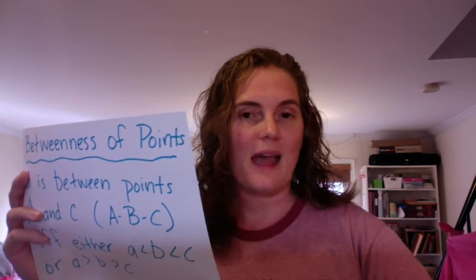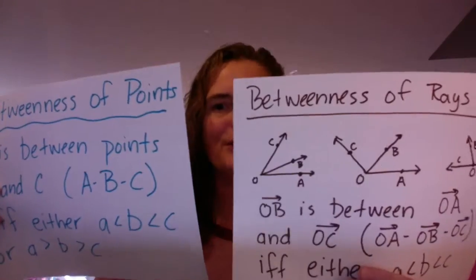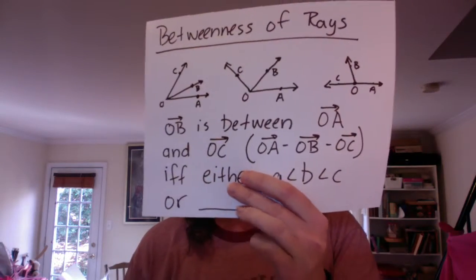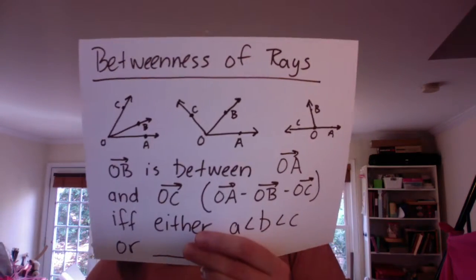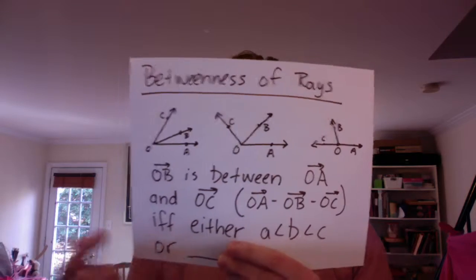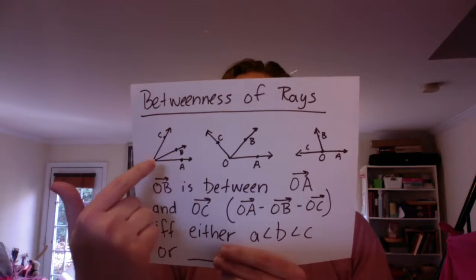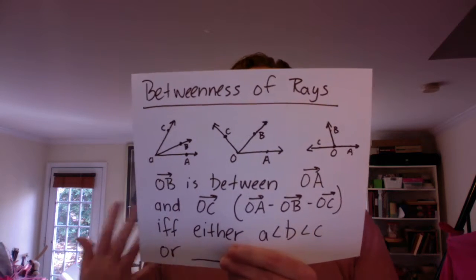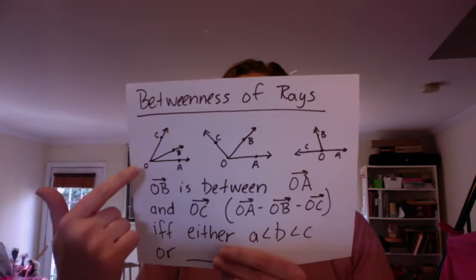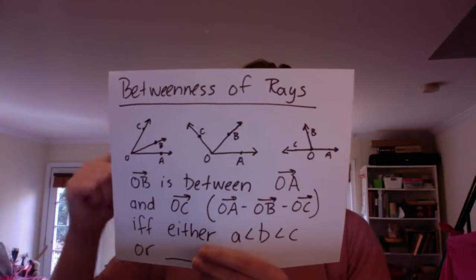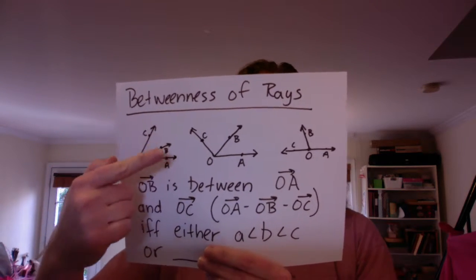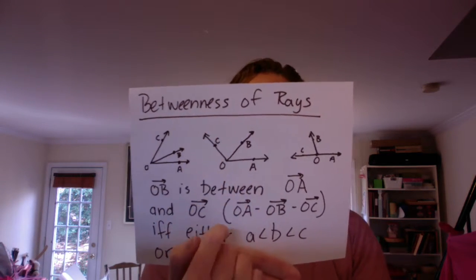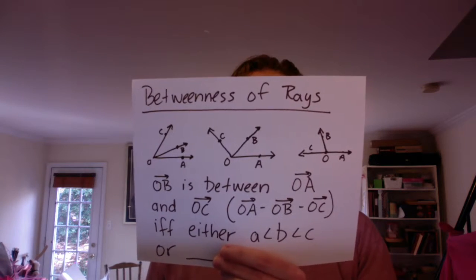In this section, we have almost the exact thing having to do with rays, the betweenness of rays, and I've drawn some pictures so that you can see what I'm talking about. If you're given this angle, COA, then this ray OB is between the rays OC and OA. It might look like this, or like this with an obtuse angle, or like this with a straight angle.